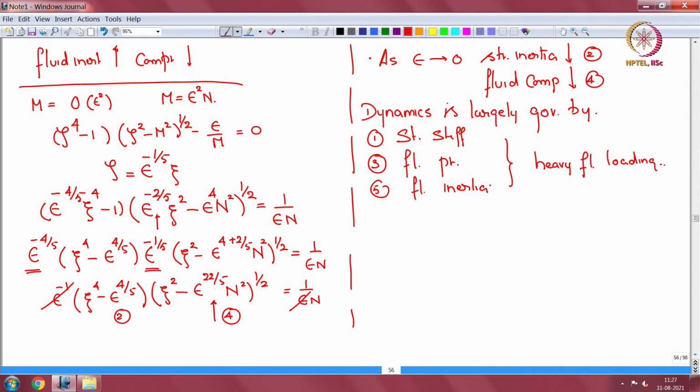Now, this gives you an idea of how to use the asymptotic method to arrange the order of the terms in order to examine physical influences.